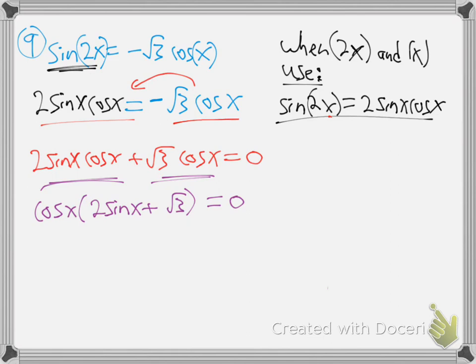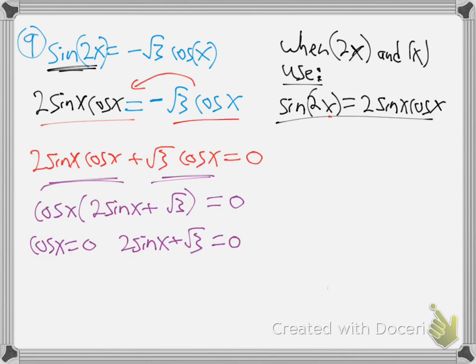Good to there. Cosine times the parenthesis equals 0. So cosine alone is 0. 2 sine plus root 3 is 0.